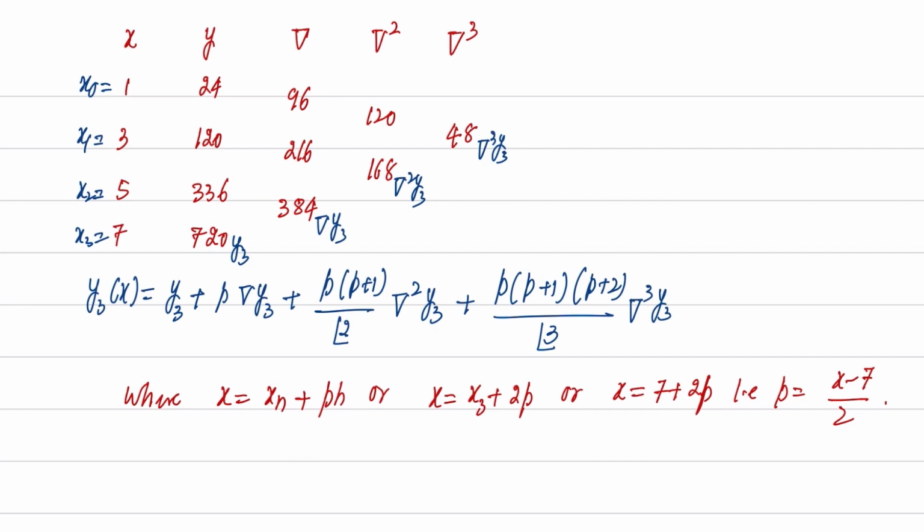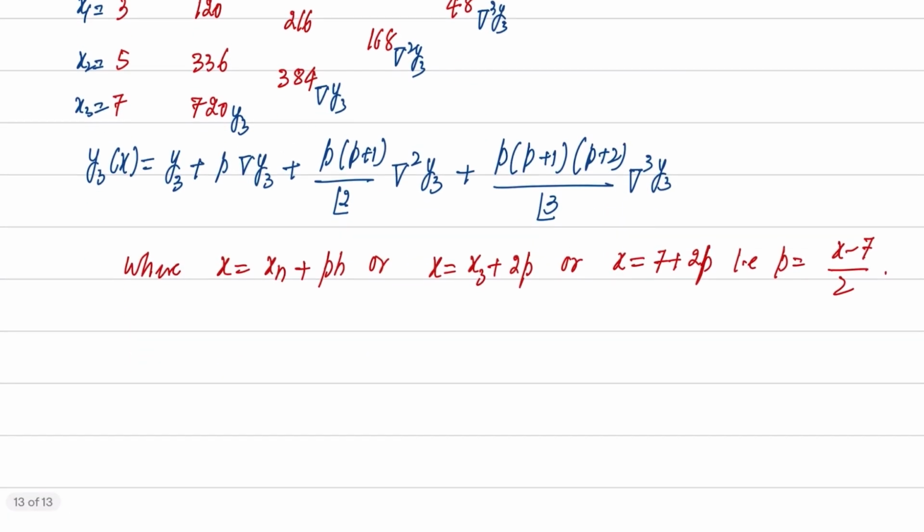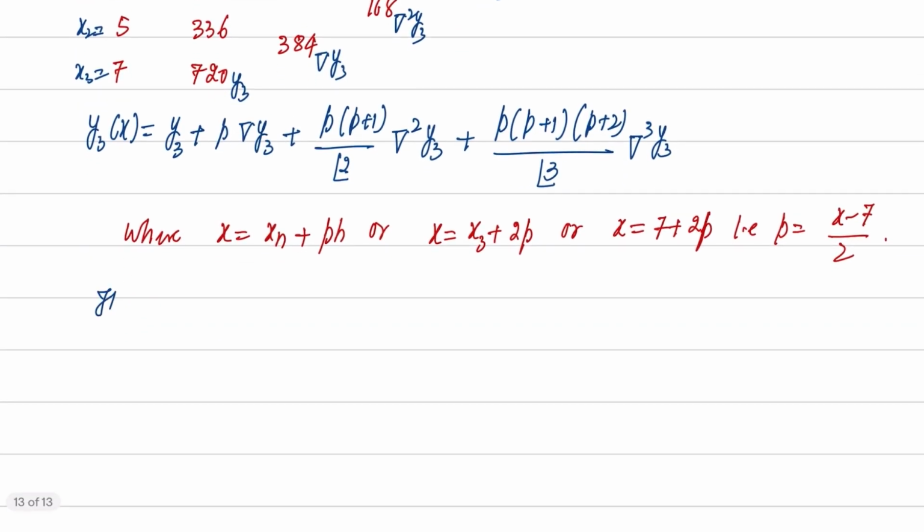So using these values here in this equation and the value of p, we again arrive at the equation y3 of x. This will again be the same polynomial x cube plus 6x squared plus 11x plus 6, which was also obtained in Newton's forward difference interpolation formula. So this is where we conclude this lecture.